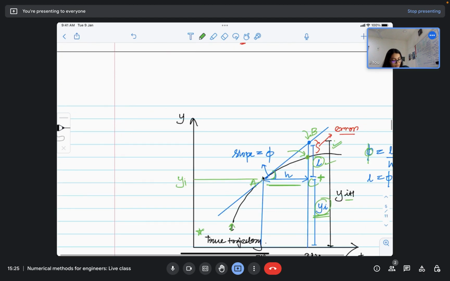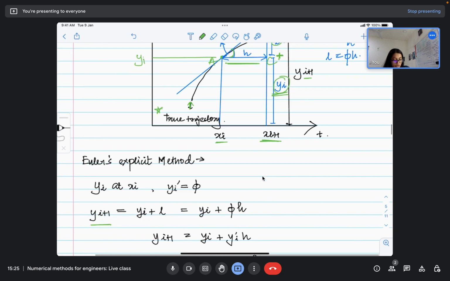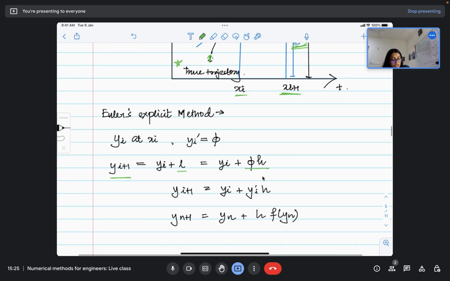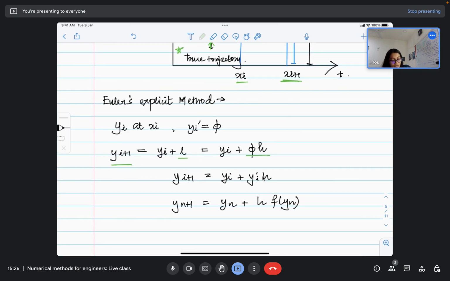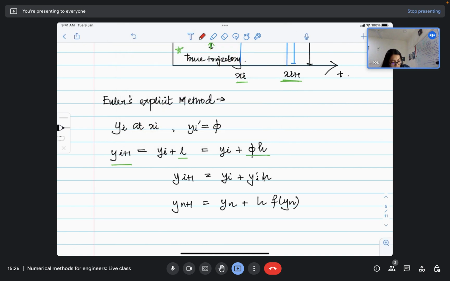Okay. Now, since you also have the expression for L, what you just do is go ahead and write it down. So that is phi times h. So yi plus phi times h. Now you will see that what we have basically done is written the expression for yi plus 1 is equal to yi plus the slope at yi, which is yi dash, times the interval h.